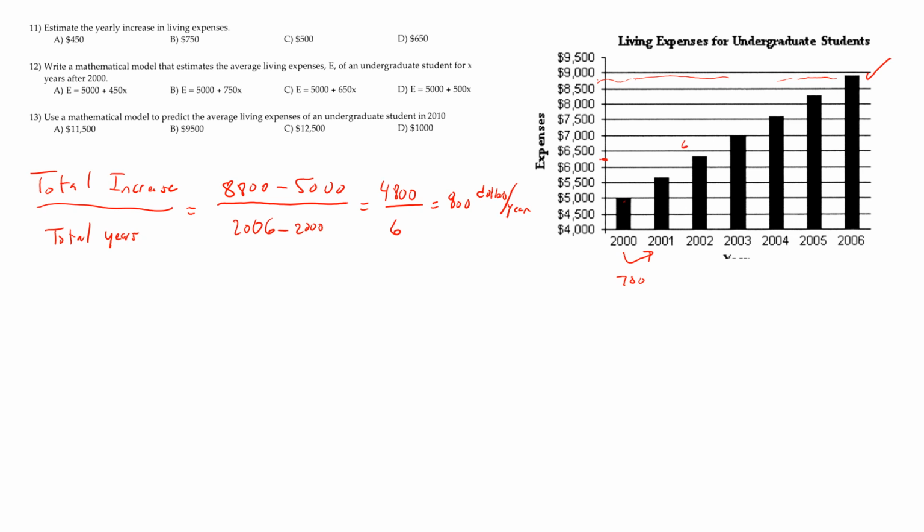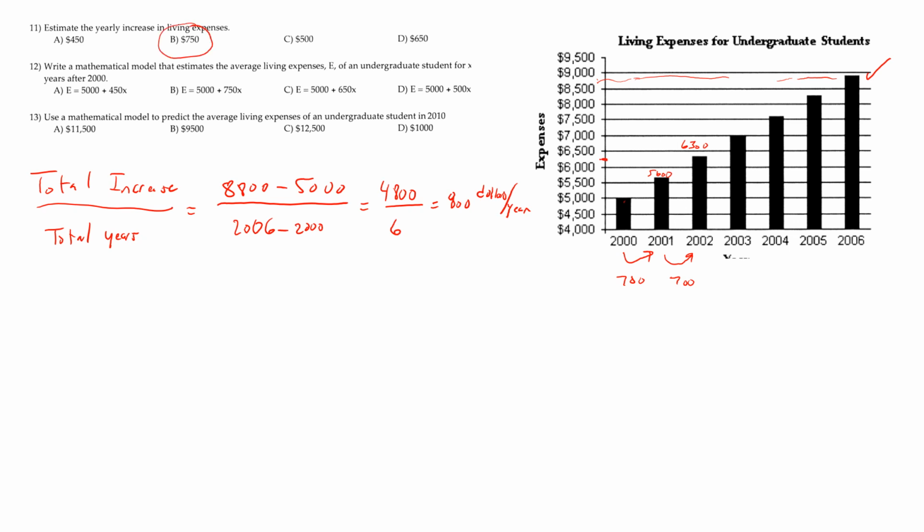So that's about 6,300, and this one was maybe 5,600, so it went up again by 700. But on some of these years, it must have gone up more, like 800 or 900, but the average turned out to be about 800. And so the closest estimate they have for me to choose from would be B.